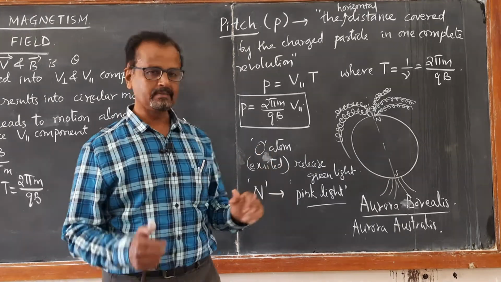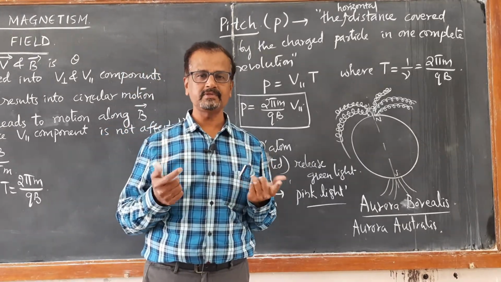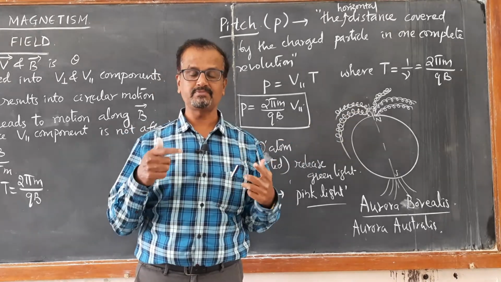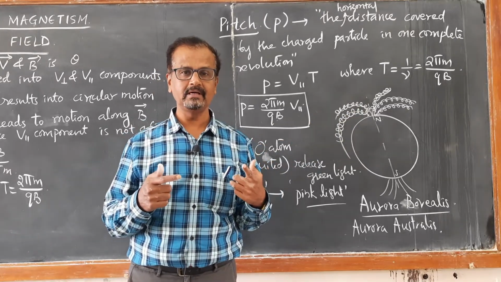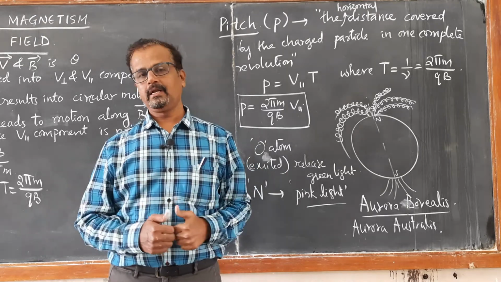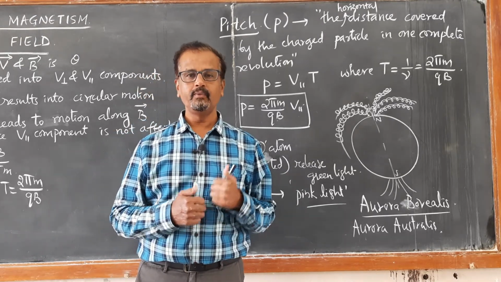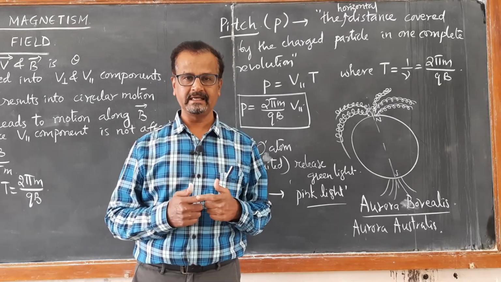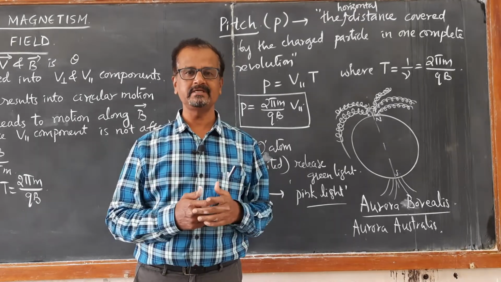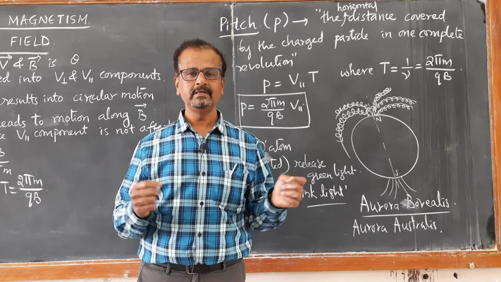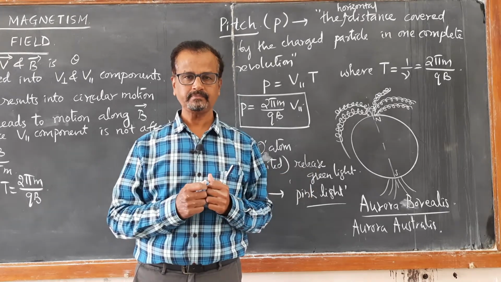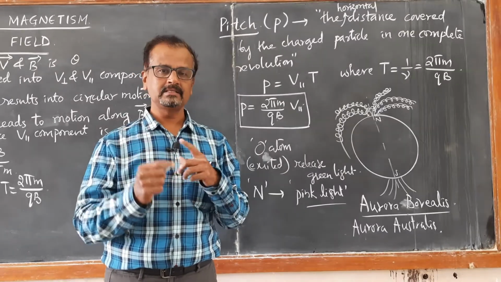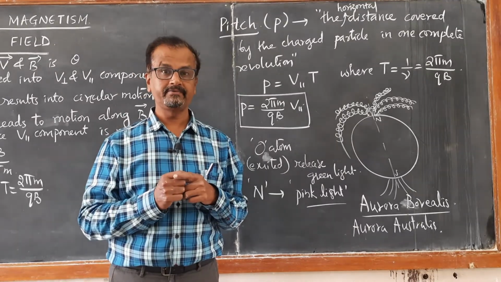Okay, this is about the motion of a charged particle in the magnetic field, right? Next we are learning a very important thing, that is the magnetic effect of electric current. From Oersted's experiment, we have come to know that when current passes through a conductor, the conductor is associated with a magnetic field.